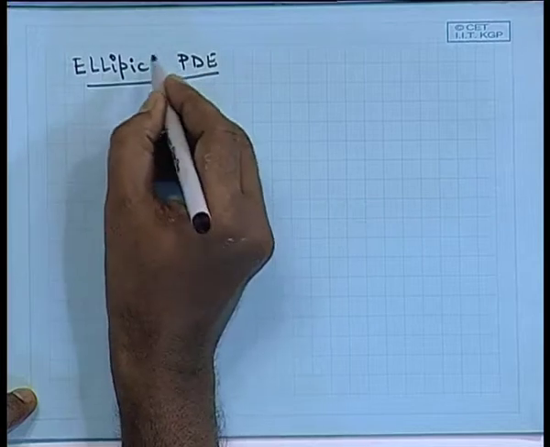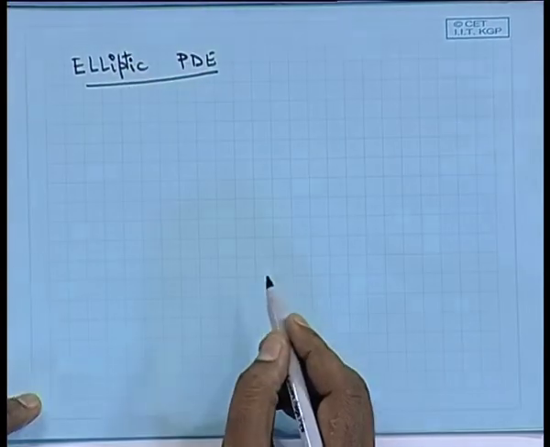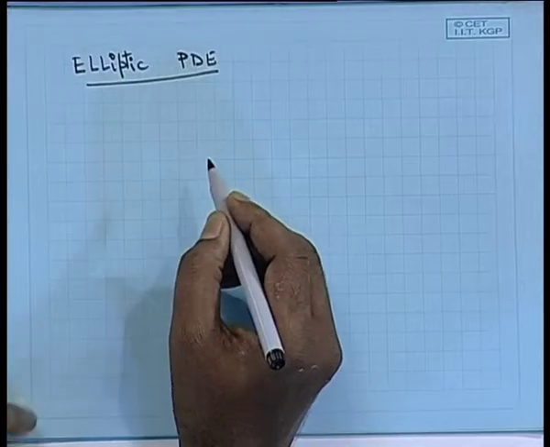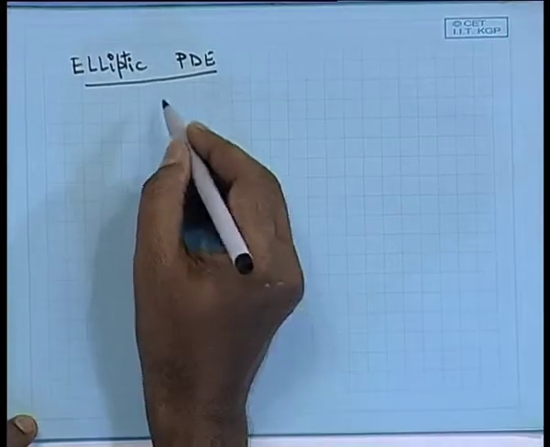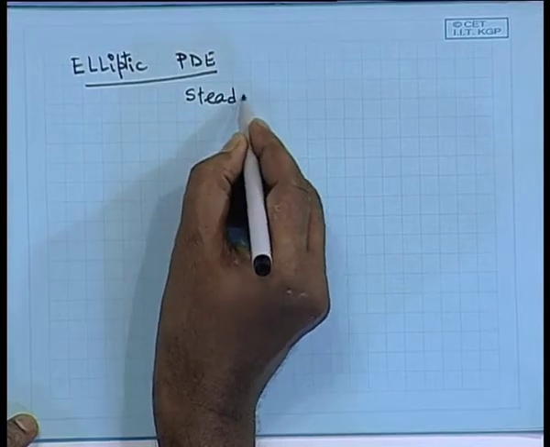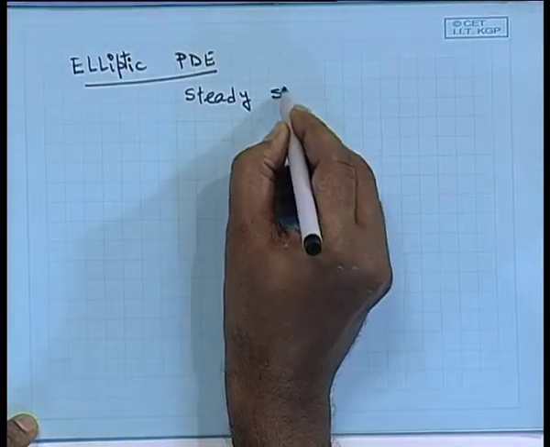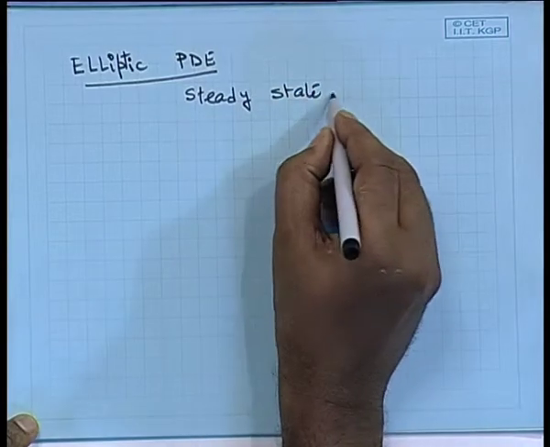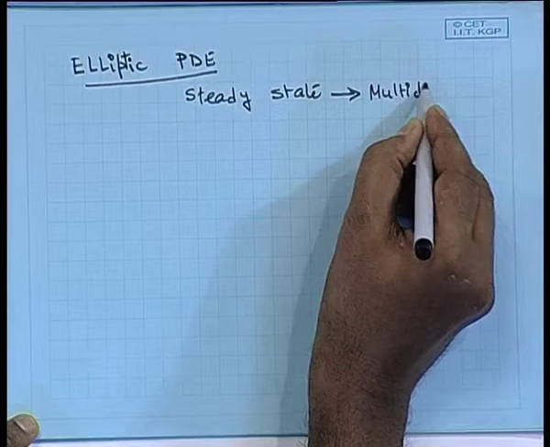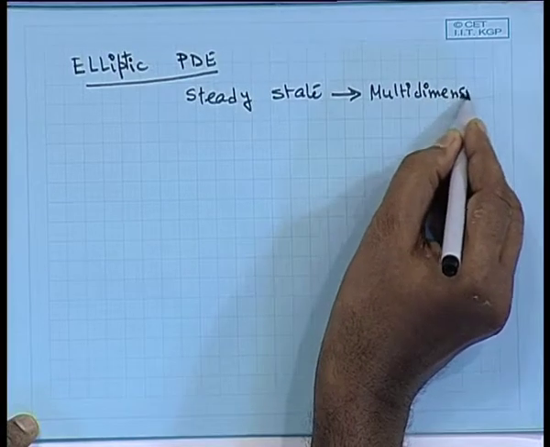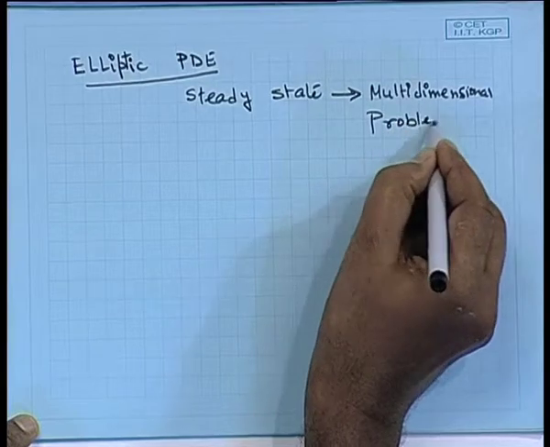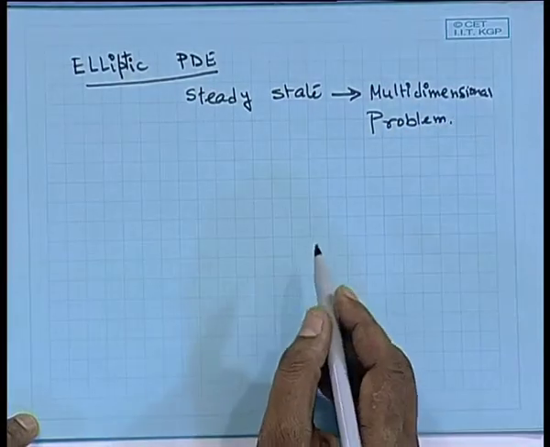Now, this type of equation you will be facing whenever you have a steady state. Please note, this is not a transient problem, this is a steady state problem, but a multidimensional one.